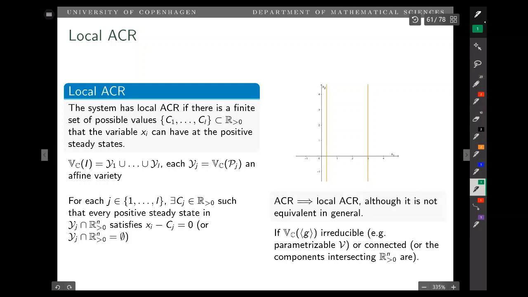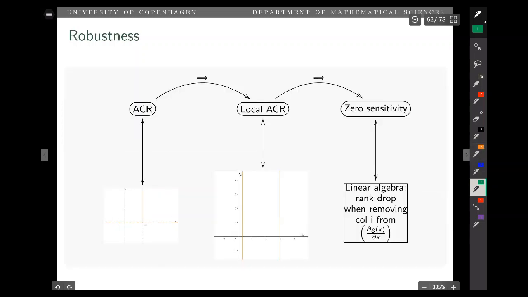So sometimes it helps. So this is the picture right now. I have ACR, which means one line. Well, I'm picturing lines here, but actually it doesn't need to be a line. You can go to 3 dimension and maybe you have a curve which is contained in a hyperplane. Yeah, like the circle that I drew in one of the examples.